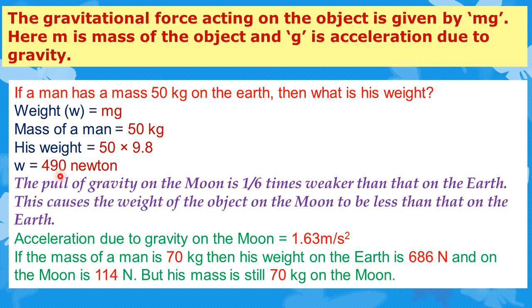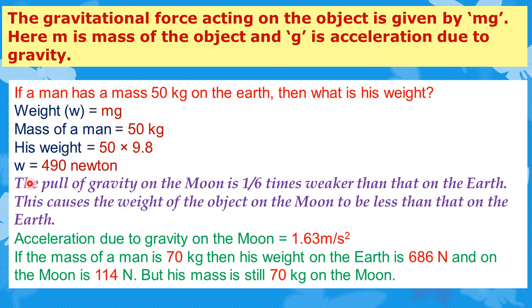The pull of gravity on the moon is 1/6 times weaker than that of the earth. This causes the weight of the object on the moon to be less than that on the earth. But on earth, a 50 kg mass will have a weight of 490 Newton, right?